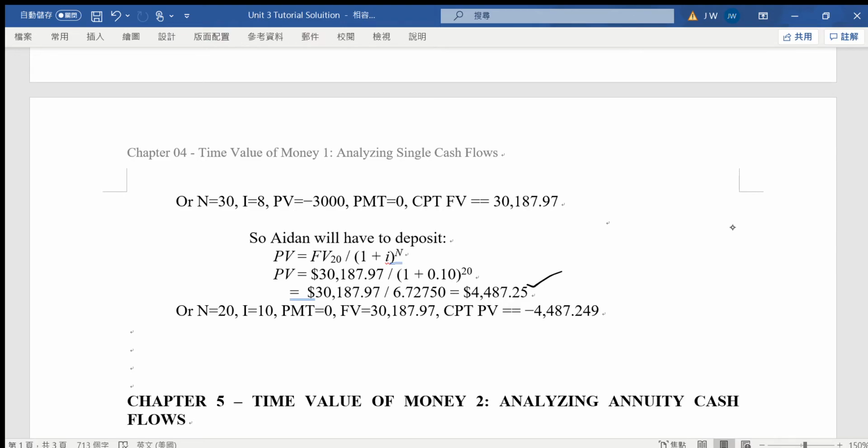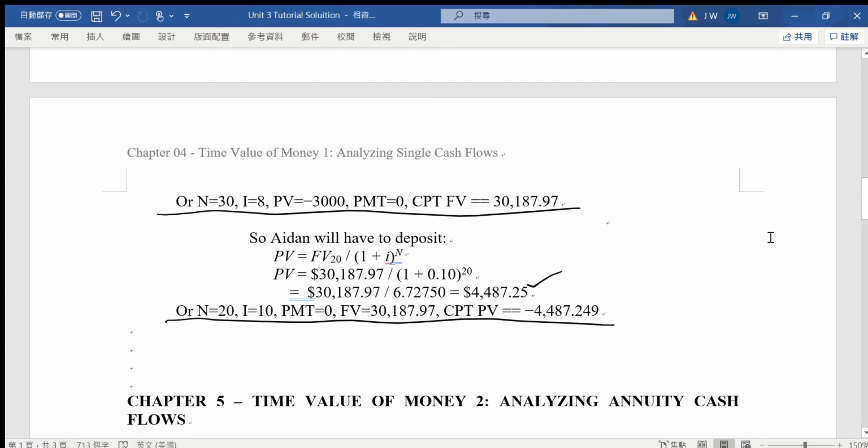For this one, you can also use your financial calculator to work it out. For Haley, you can work it out like that, and for Agent, you can work it out like that. Both ways are accepted. If you are working on your assignment, you may use either one of them. But if you are in the presentation group, I expect that you should show all of that to your classmates and explain it clearly, also showing using your financial calculator how to work it out.